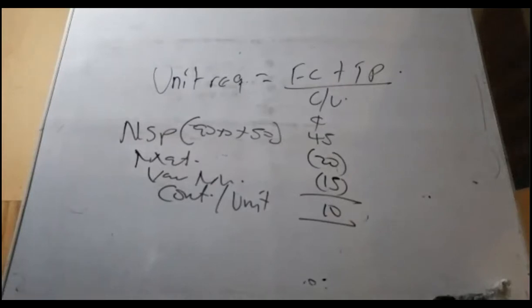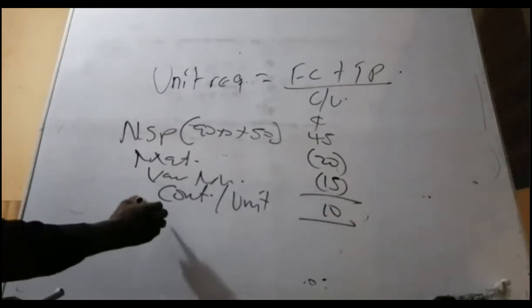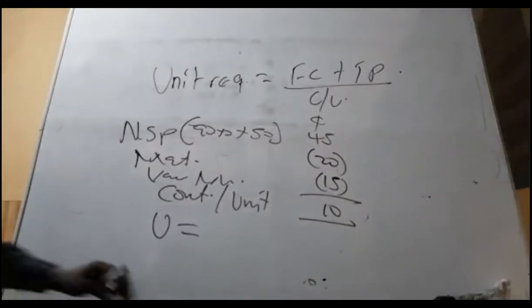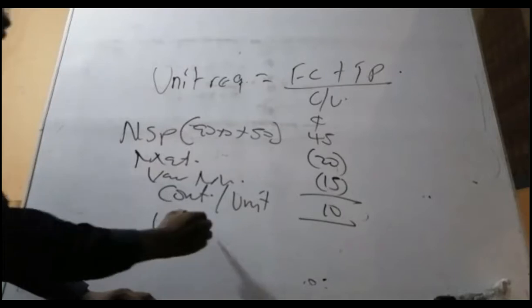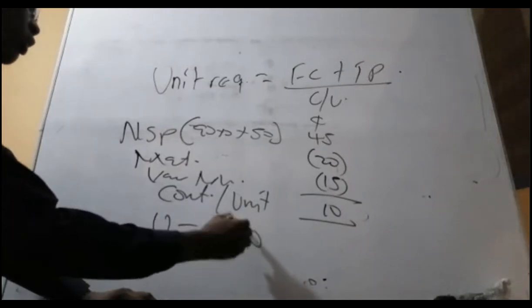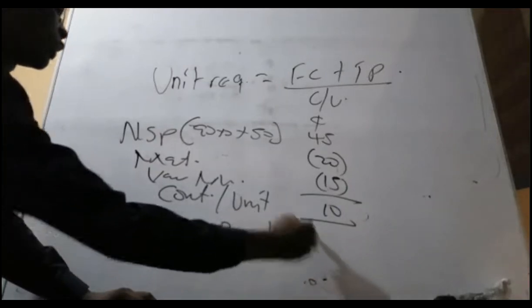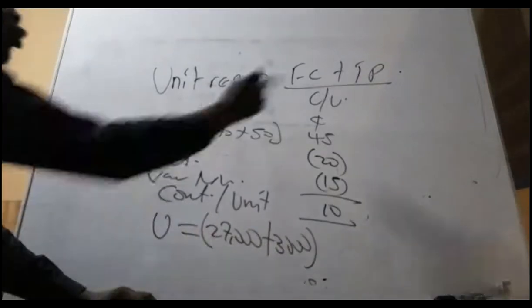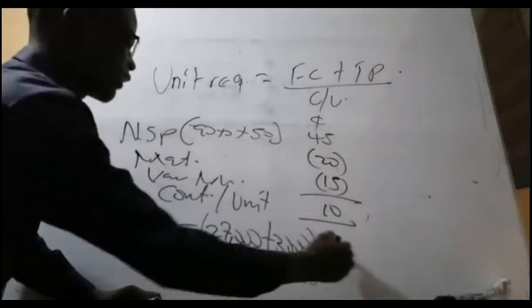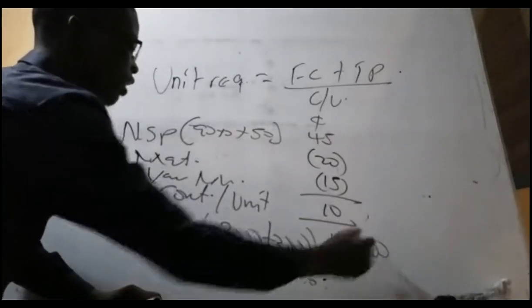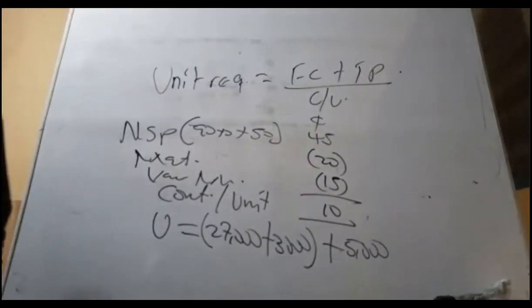So now let's do substitution. The units required will be fixed cost over contribution. The fixed cost will be 30,000, that is 27,000 plus the 3,000. What is the target profit? Target profit is 5,000, so add the 5,000 to it. Whatever the target, add.